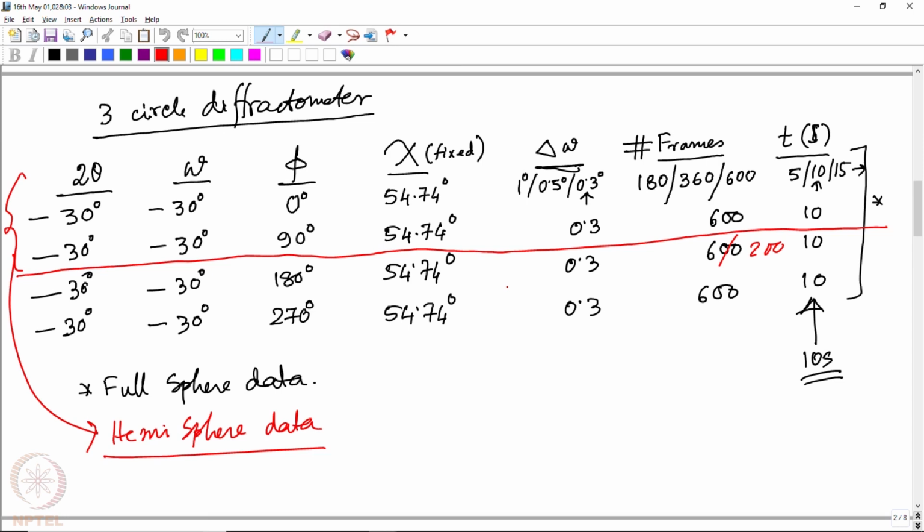This data is a frame by frame recording of the diffracted beam intensity that appears on the screen, which is the number of photons falling on that particular pixel in the case of CCD or CMOS detectors. We convert that intensity into a signal in terms of voltage and then we record it.